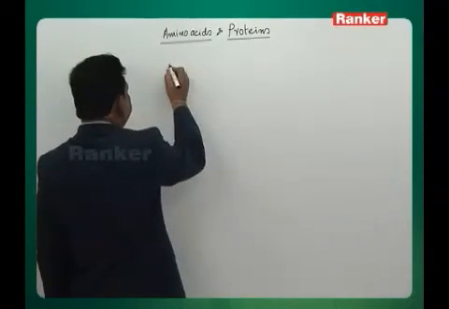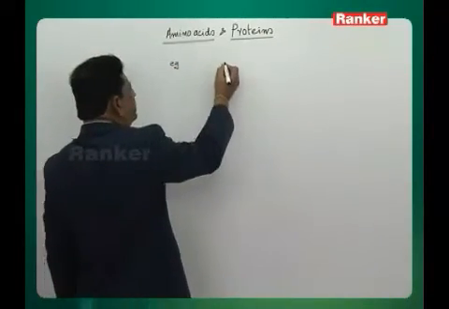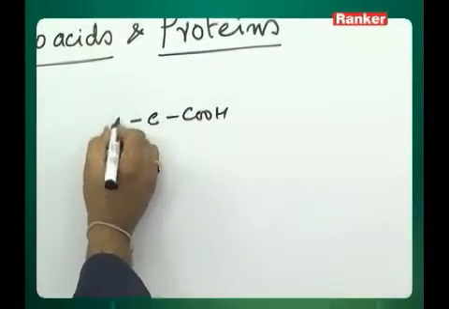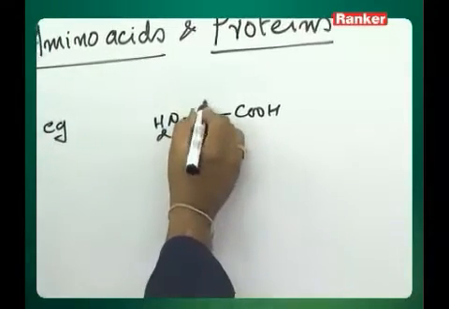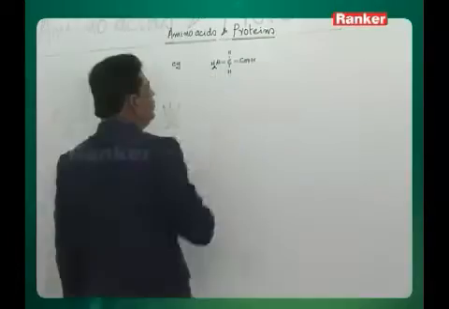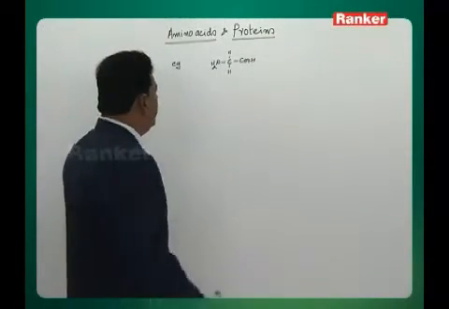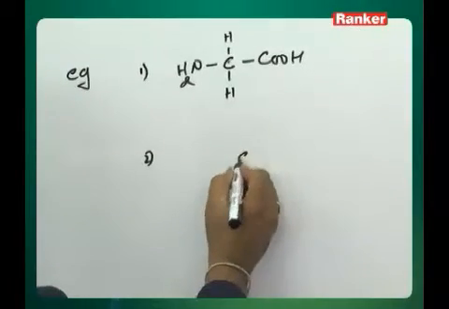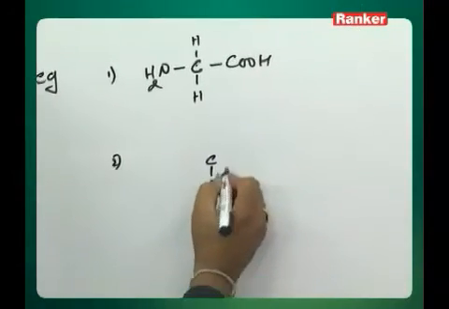Let us take some examples of amino acids. The smallest amino acid has the COOH, and the amino group is attached to one carbon, and this carbon has two hydrogens. In the second example, one hydrogen becomes a methyl group, and so on.